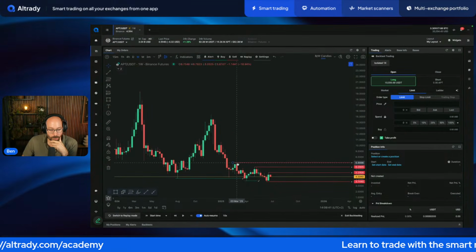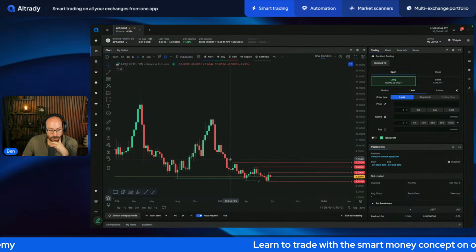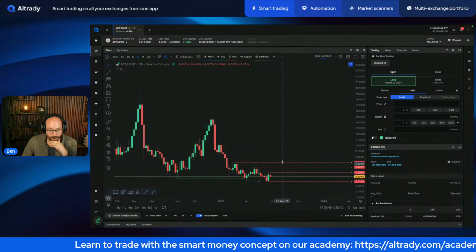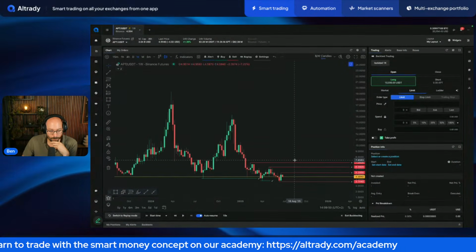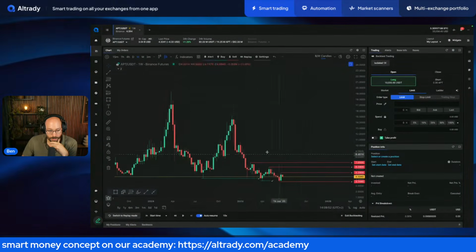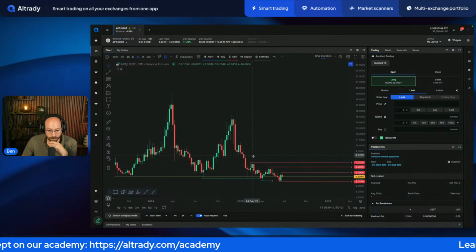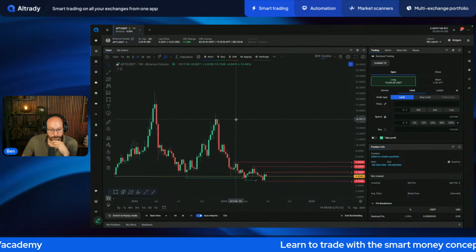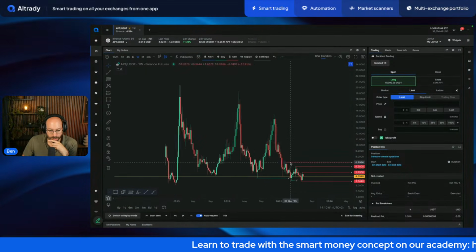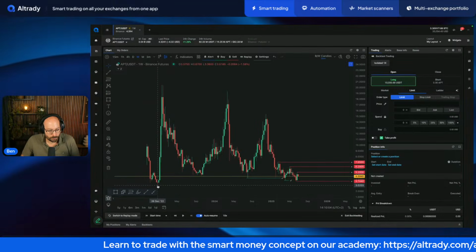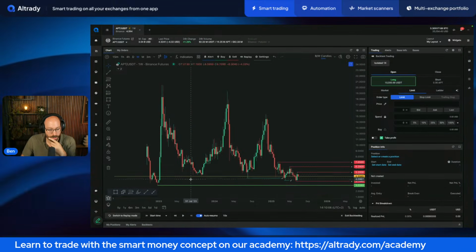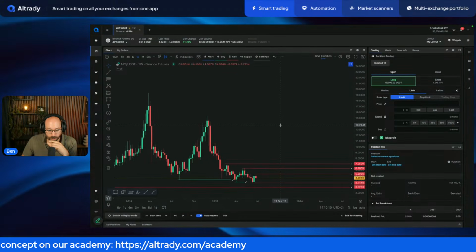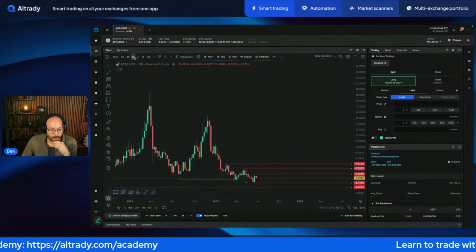This fair value gap was not completely filled, so there's definitely a magnet for these levels here. This one was taken out, so that's a good move. This is a very balanced move. This was an unbalanced move. Apart from that, I don't see much. Well, for the sake of completeness, if we do get lower and we take it out, then this would be one of the targets. Okay, let's go to daily.